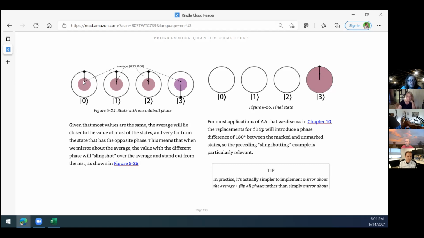Okay, so this is the average. We have this black dot as our average. So if we were to flip about that on this first one, shouldn't it be down here? Shouldn't it be at the bottom? No, you're flipping about the point, not about the center.